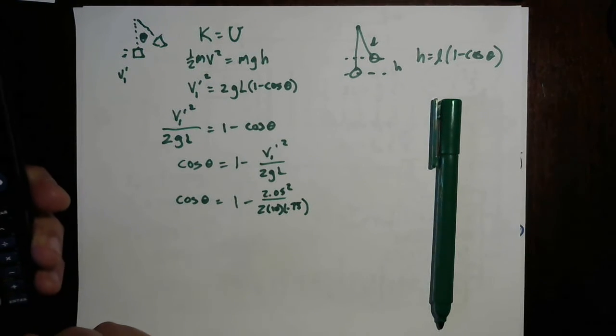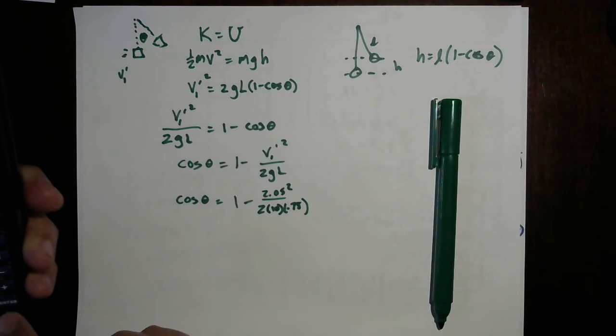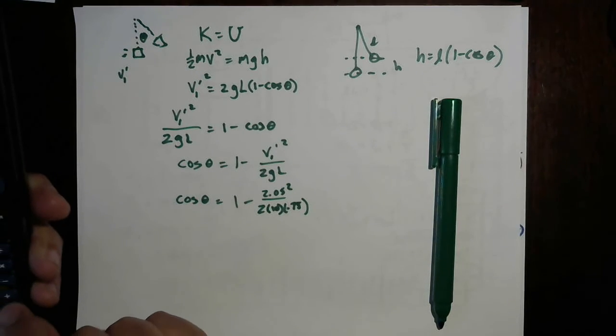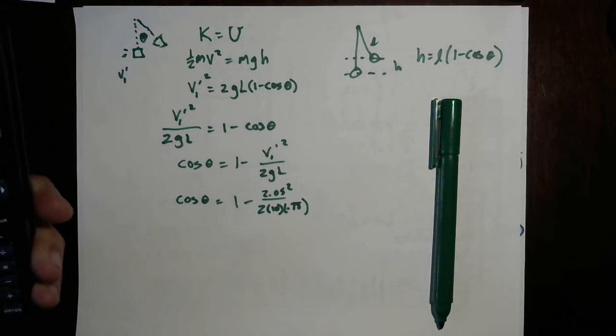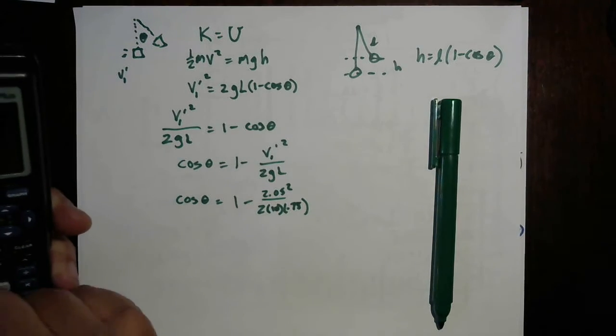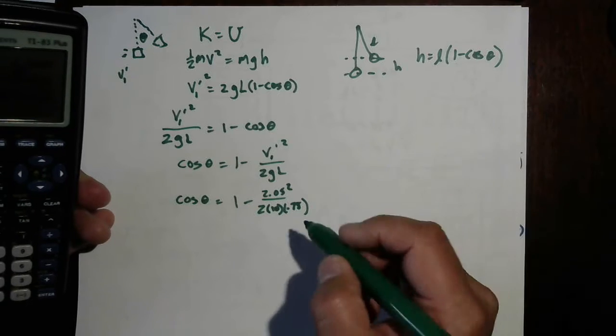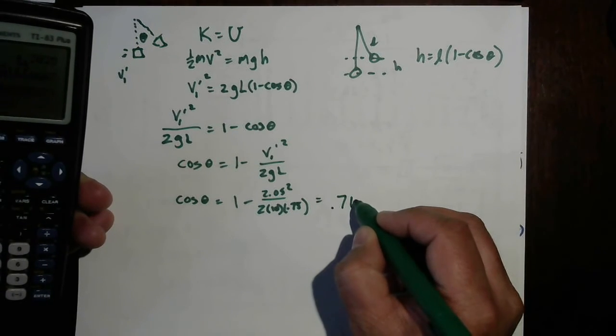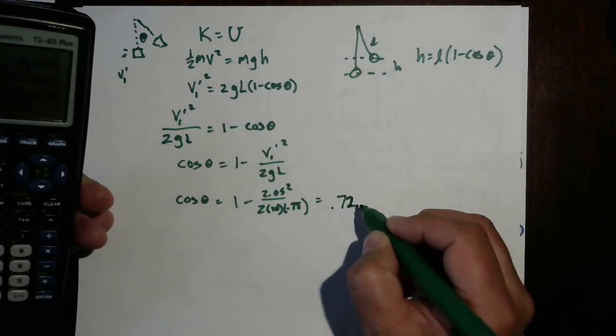Okay, 2.05 squared equals, okay, divided by 2, divided by 10, and divided by 0.75. Forgive me for my non-algebraic way of punching things in, but I grew up with a much simpler calculator. Okay, and then 1 minus that answer gives me an answer of 0.7198. Okay, yeah, well, let's call it 0.72.